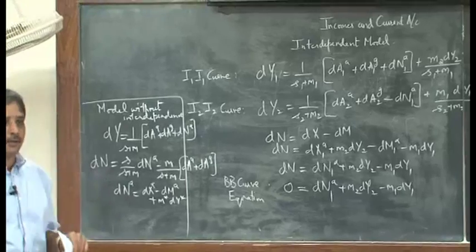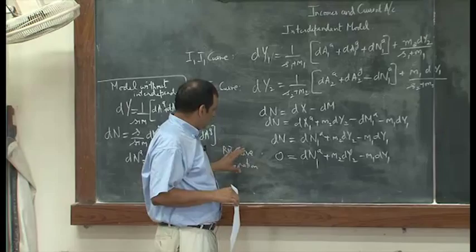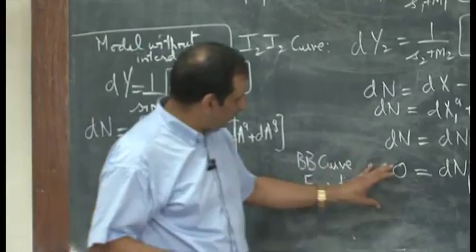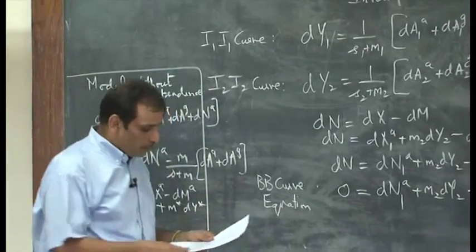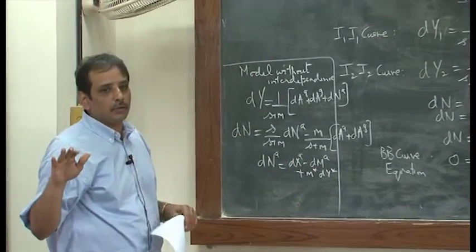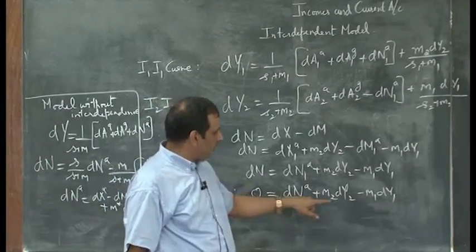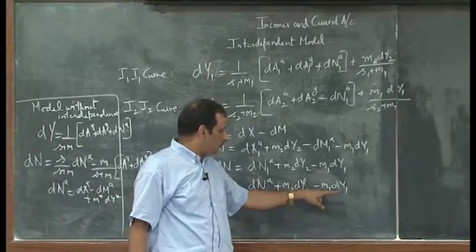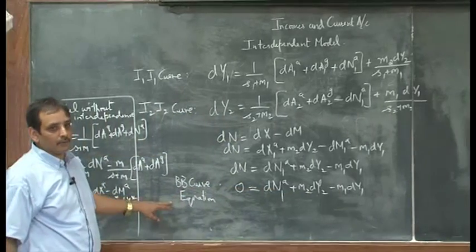There is another line, which is the BB line, a reflection of this BB curve, which shows all combinations of US and Japanese incomes wherein you have current account balance. In other words, when dN is equal to 0 and you have a relationship between incomes of the US and Japan, you get the BB curve.